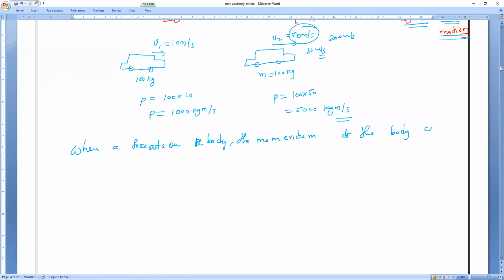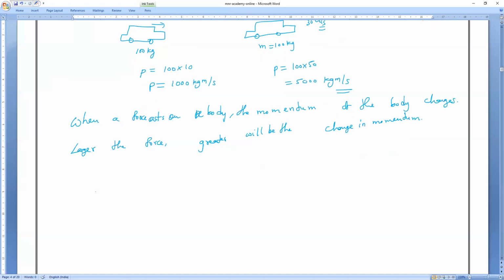The larger the force, the greater will be the change in momentum. Is it okay, guys? Everybody? Yes, please.